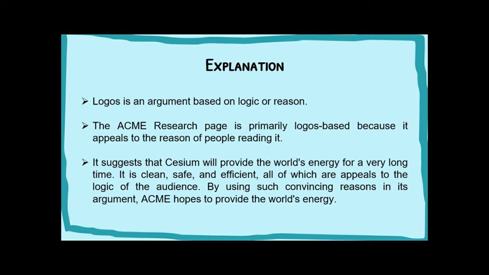The cesium proposed by Acme will provide the world's energy for a very long time. It is clean, safe, and efficient, all of which are appeals to the logic of the audience. So that is why, by using such convincing reasons, it is an argument. Acme hopes to provide the world's energy. That is the example for the logos.